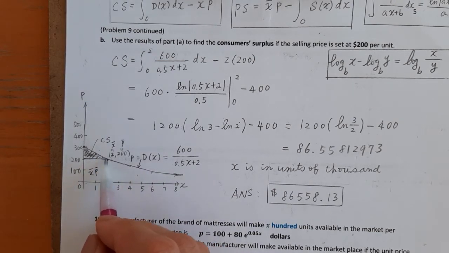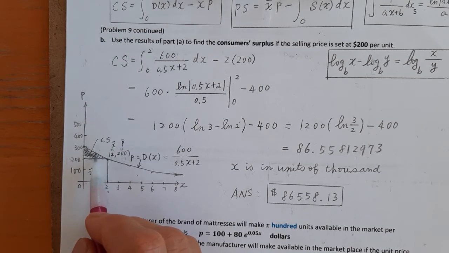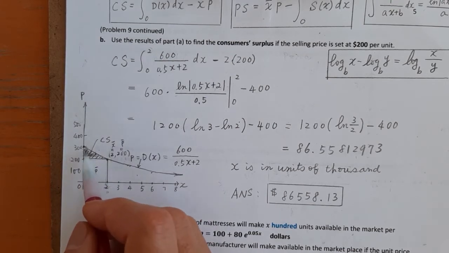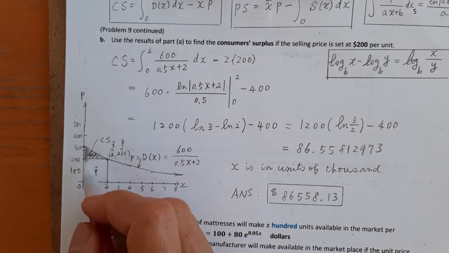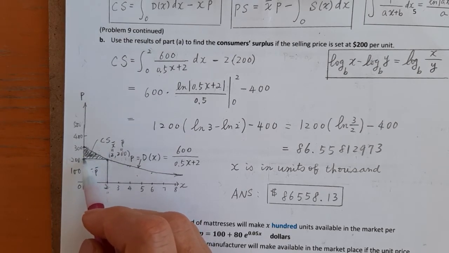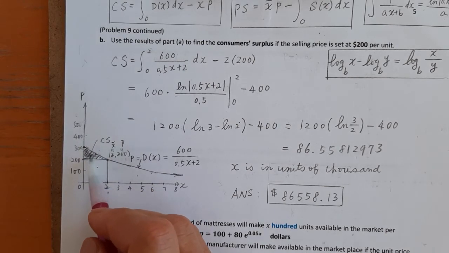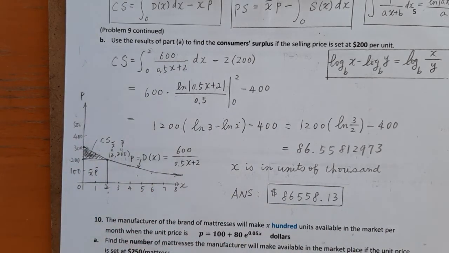Then you cannot get surplus. If there is less demand and the price is higher, the people want to pay more money, higher than the market price, to buy, then you can get some surplus.